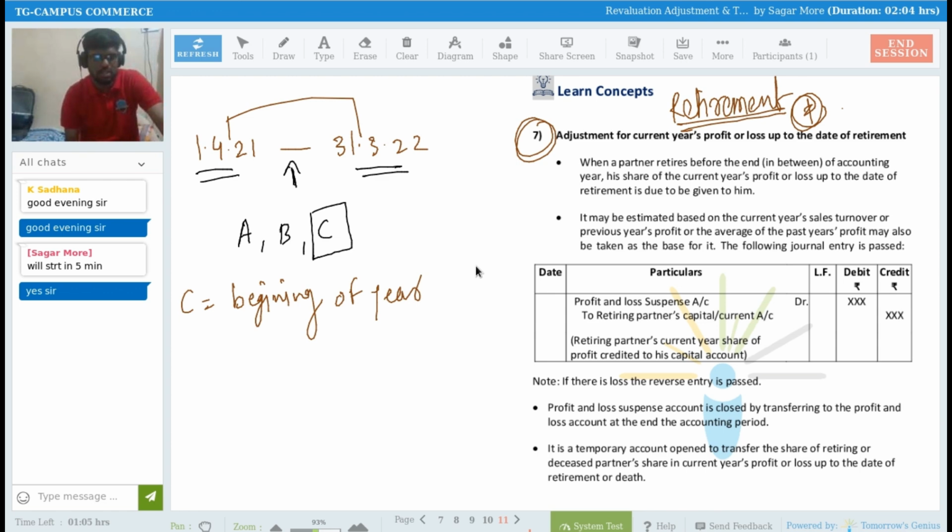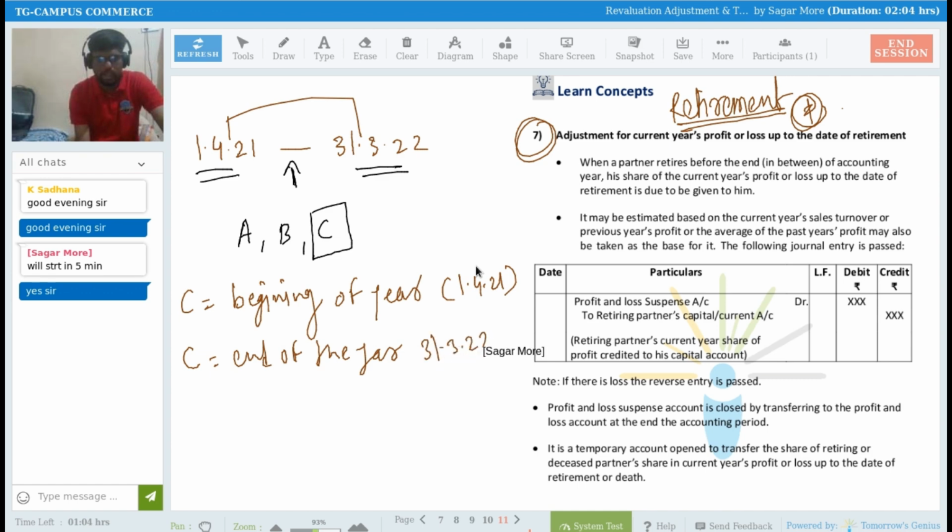From 1st April 2021 up to 31st of March 2022, he was not there in the business, so I am not going to give him any profit share. Now if partner C is retiring at the end of the year, that is nothing but on 31st of March 2022.